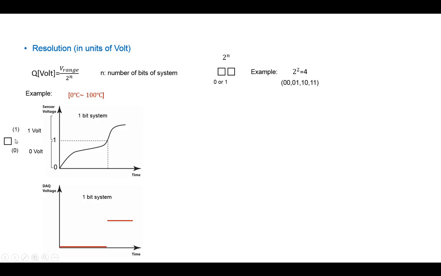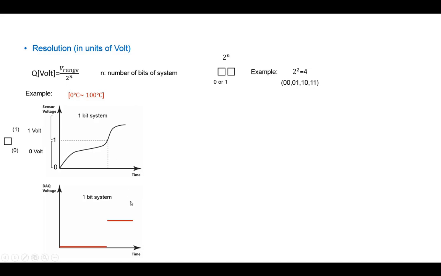As I have just a 1-bit system, I have 2 different combinations, 0 and 1. So I consider the voltage I'm receiving from the sensor from 0 to 1. I'm going to show that with the first combination and consider that as 0 volt. And if the voltage I'm getting from the sensor is between 1 and 2, I'm going to show that with the second combination and consider it as 1 volt.